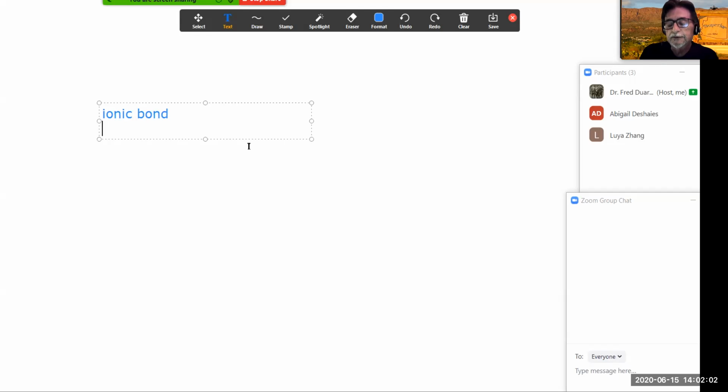Like any compound, as we talked about a while back, it consists of an interaction between two different elements. For an ionic bond, it consists of an interaction between a metal and a non-metal.